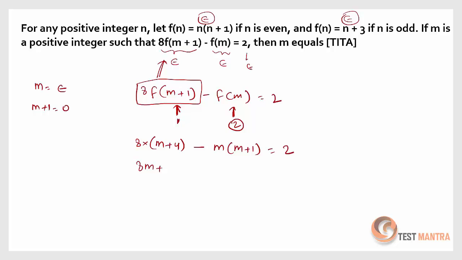It's 8m plus 32 minus m square minus m is equal to 2. That represents m square minus 7m minus 30 is equal to 0. So m value is either 10 or else minus 3. It's already given that it's a positive integer, so minus 3 is ruled out. M has to be nothing but 10 here.